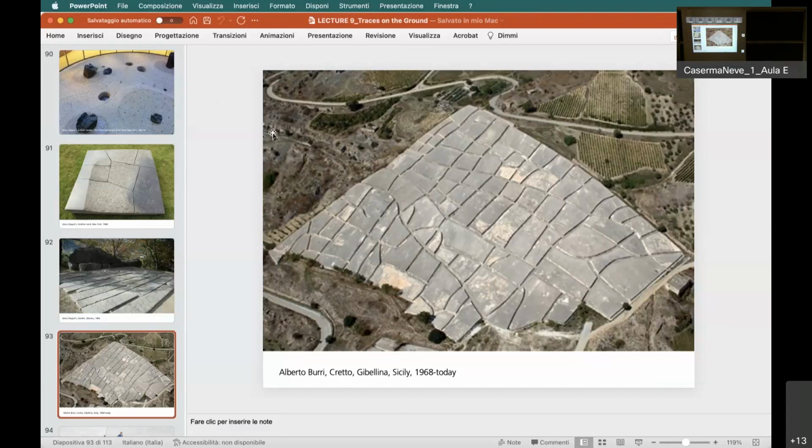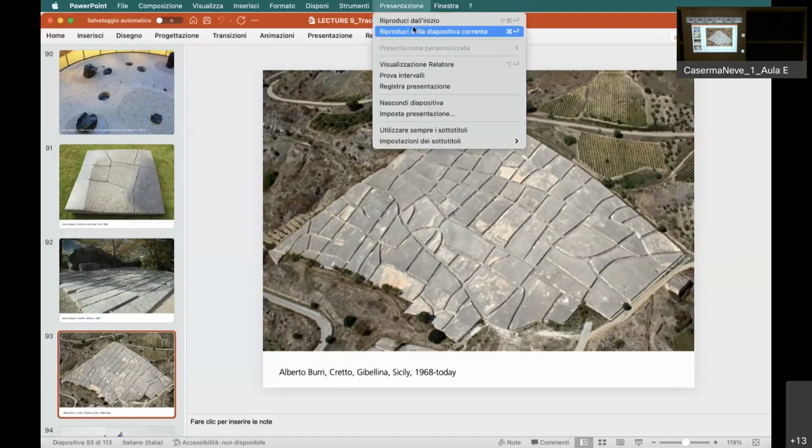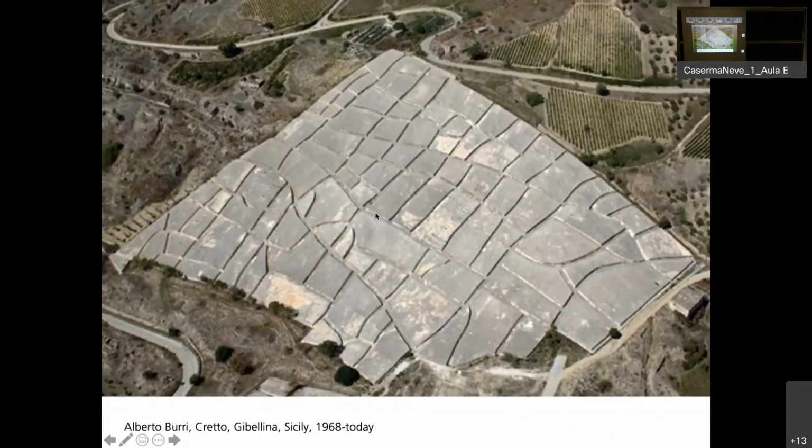So you move in between these destroyed buildings like in a ghost city. So it talks about this tragedy of the whole village, and at the same time it is powerfully inserted in the landscape of the place. Then, of course, you can have different opinions on this, but I think it's a good example of this attitude of stratification.